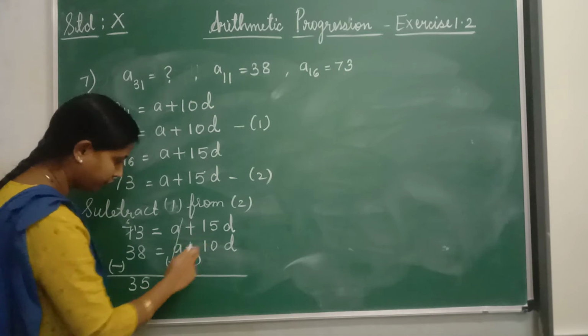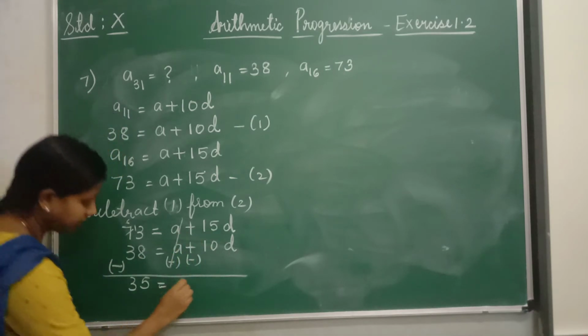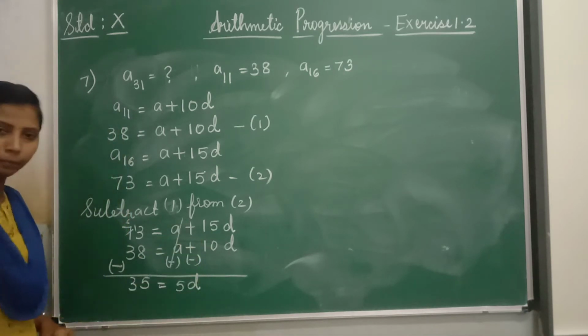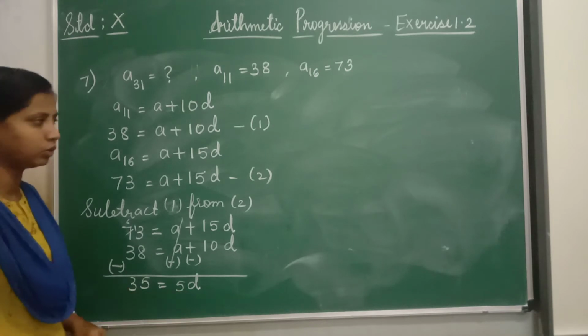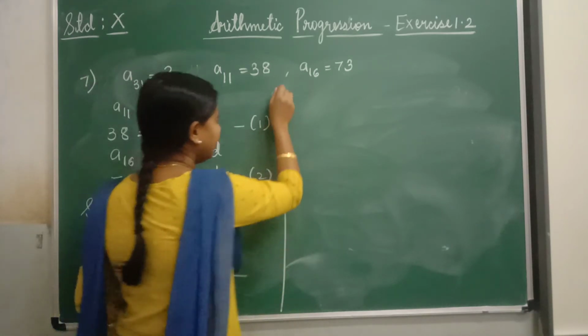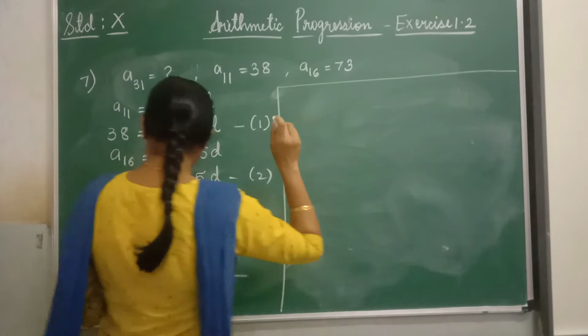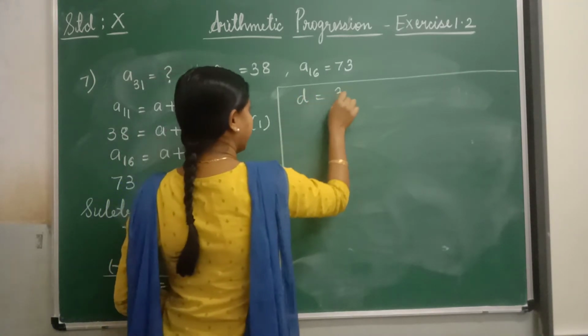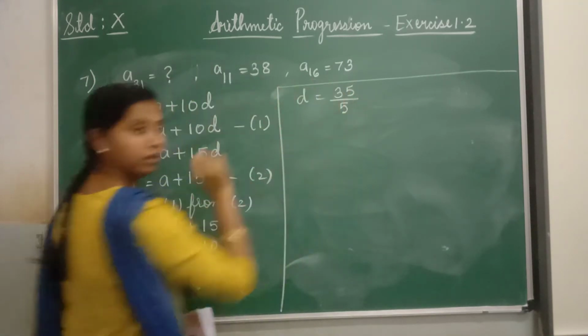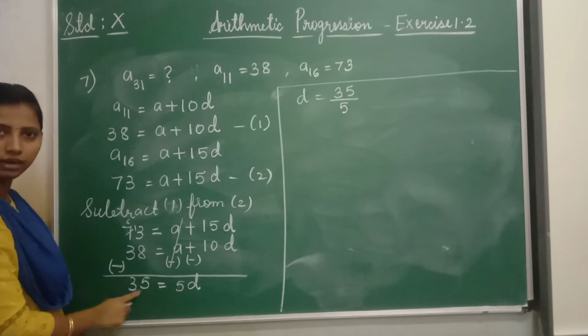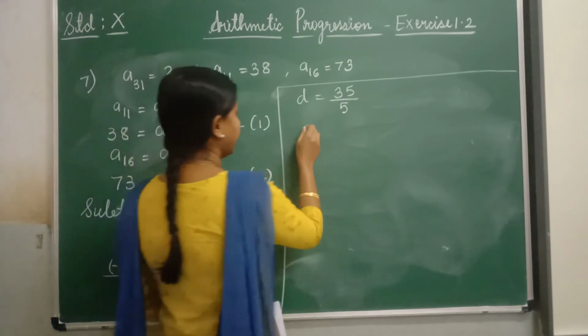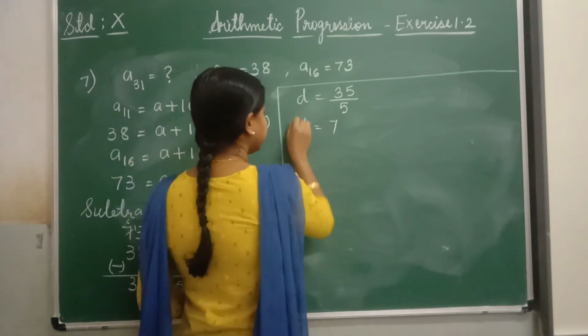And here 15D minus 10D is 5D. So you got 35 equals 5D. So D will be equal to 35 divided by 5, that is, D equals 7.